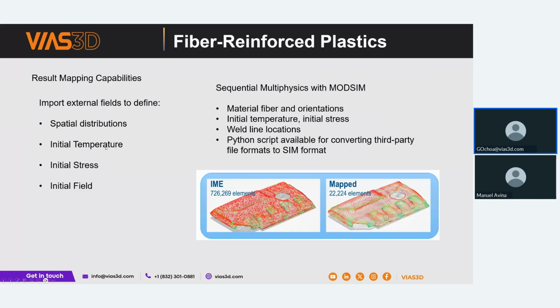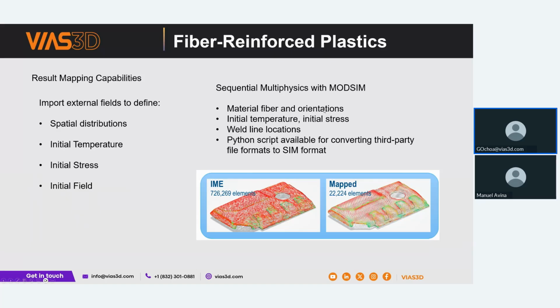This could be useful for considering the thermal expansion of the material during a simulation. We can also take the initial stress, that is the residual stress from the manufacturing process, and some initial field. The wet line mapping is part of this capability, the initial field.